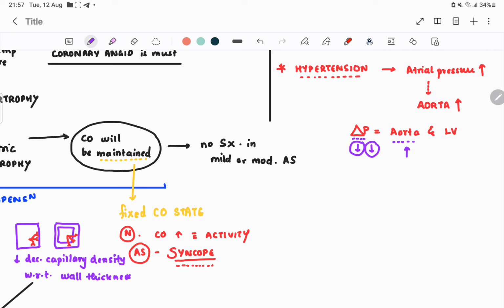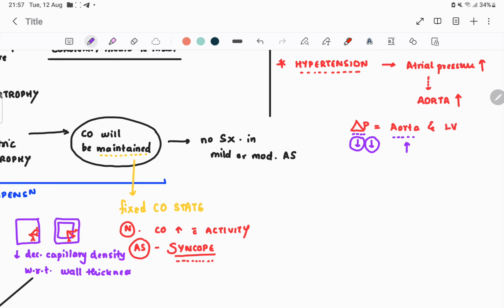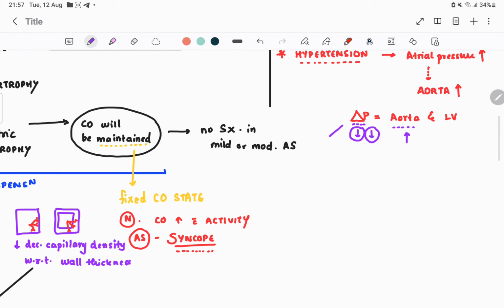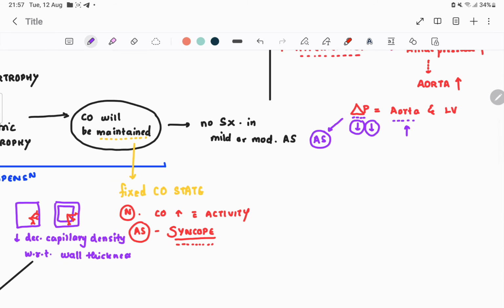Are you able to understand? This delta P must fall, and this fall in delta P will indicate that the aortic stenosis is not that severe, but it is not like that.